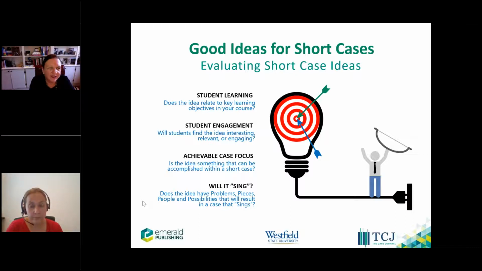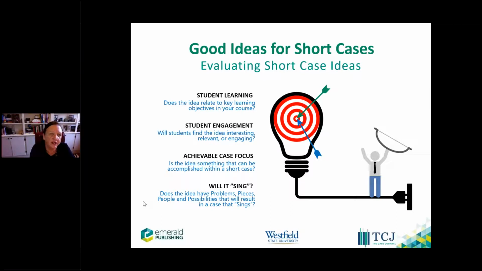So it generally helps if you're picking from an industry or a company that students are already familiar with, because you don't have to explain all the deep detail that you might have if you chose something really unusual. So the example I usually use is, students understand the fast food industry pretty well because that's something in their experience. And so if I choose a case about a fast food company, I don't have to provide as much background.